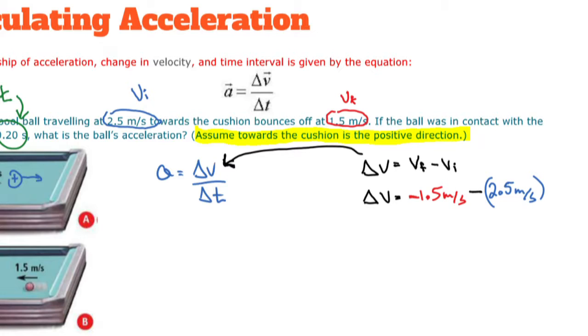Now, that's going to be positive because everything to the right is going to have a positive velocity. All right, so our change in velocity is going to be the final minus the initial. So negative 1.5 minus 2.5. So that should give us negative 4 meters per second. So the velocity changed by negative 4 meters per second.